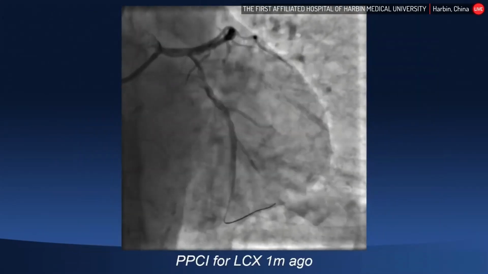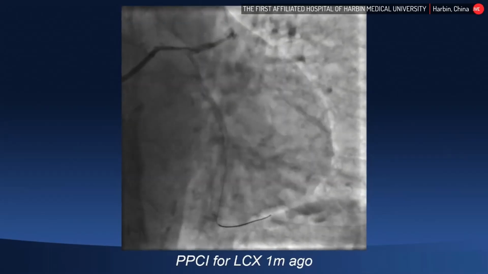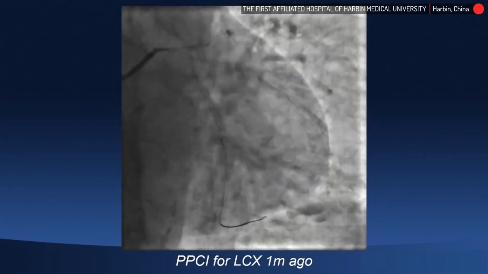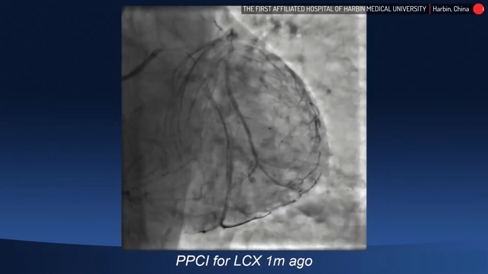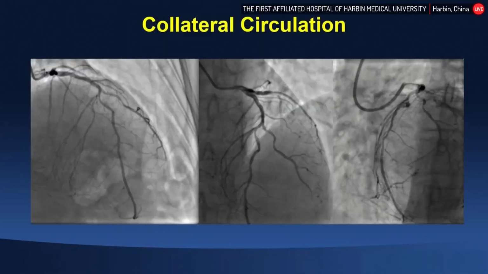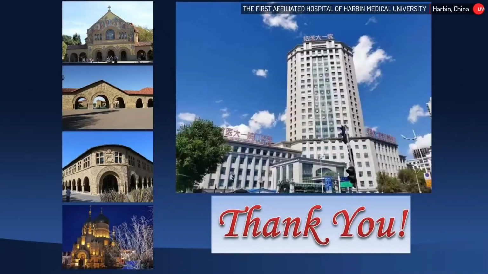This patient underwent PCI to LCX with one stent 1 month ago. We can see there are some good collaterals to RCA through the septal branches. That's all. Thank you.